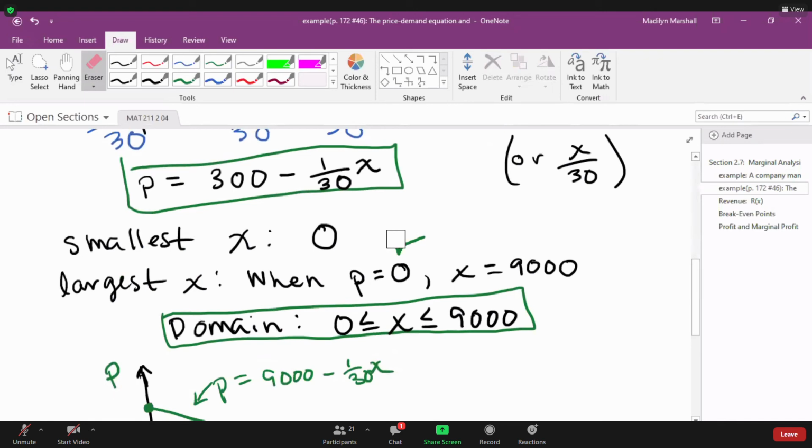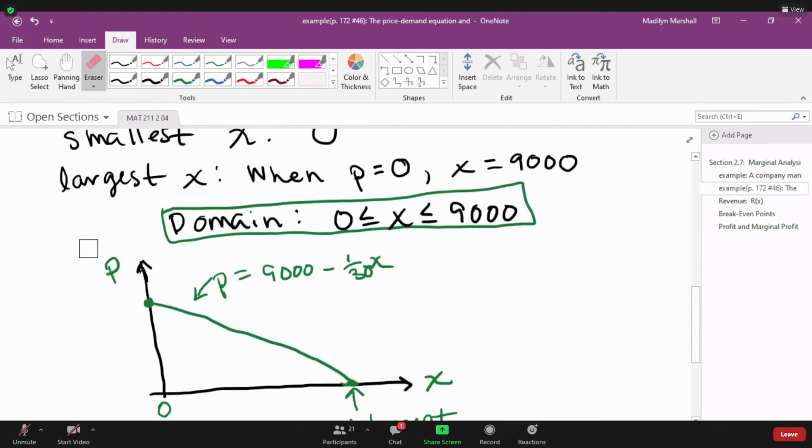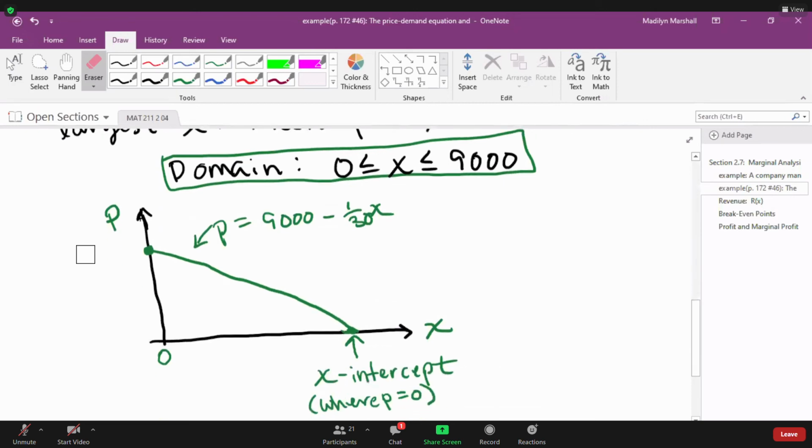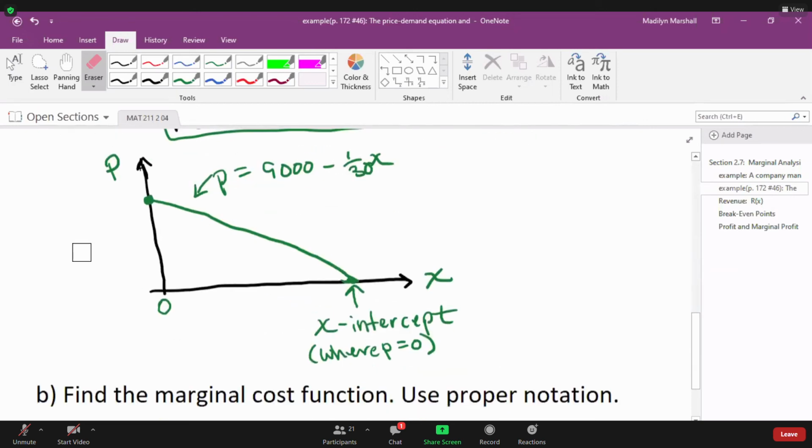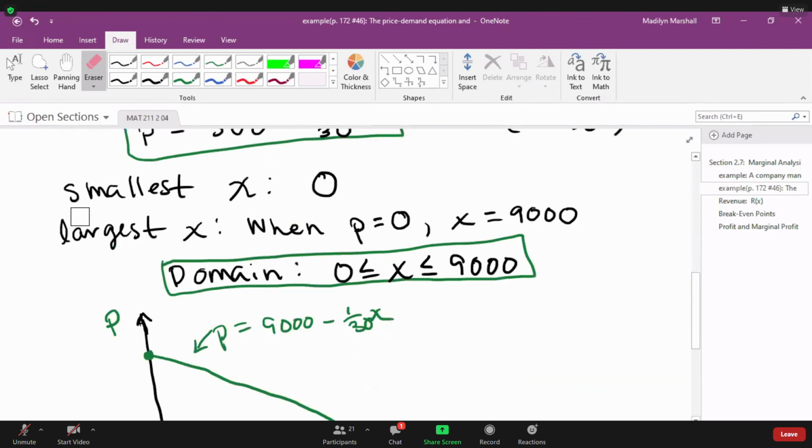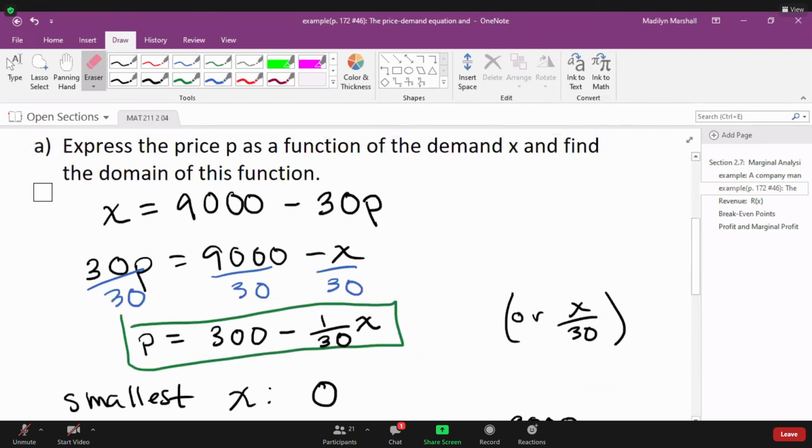We will have some more complex price demand equations in the future, but you won't have to find the domain of those. And these are the kinds of things that analysts and economists are making, these price demand equations. So we're just going to take the price demand equation at its word and then use it to do our calculus things.